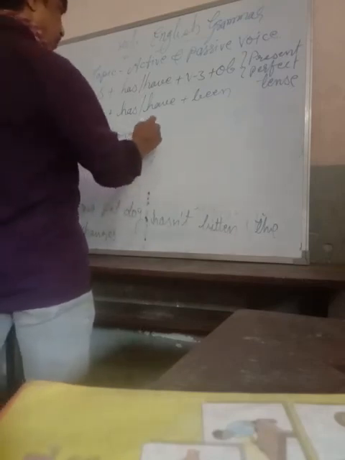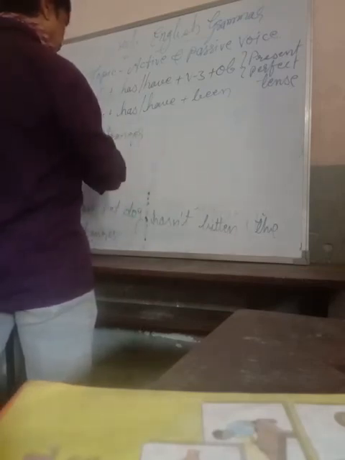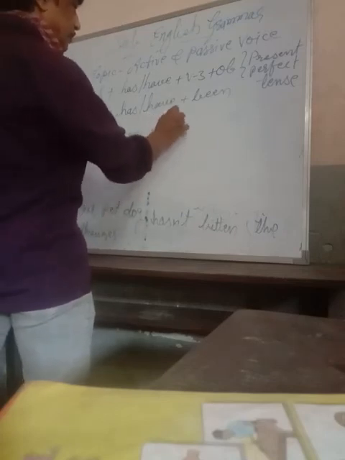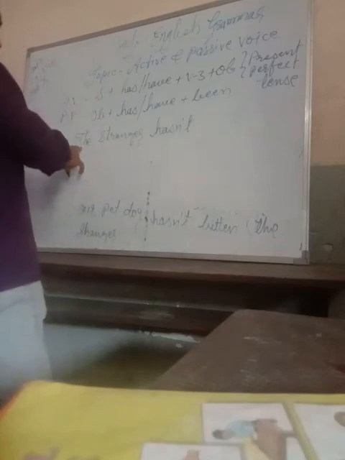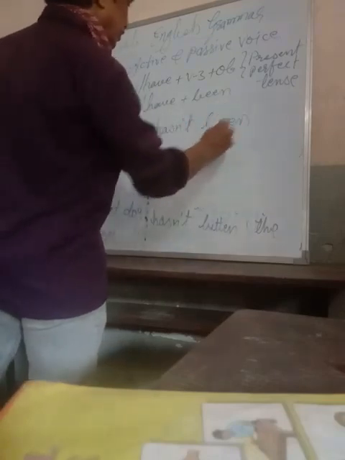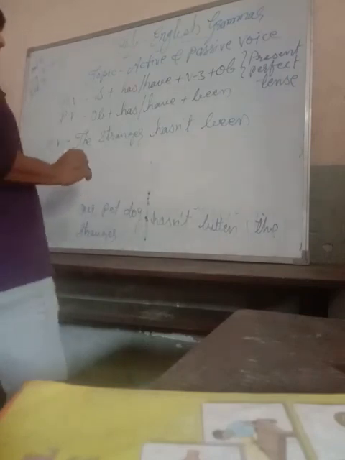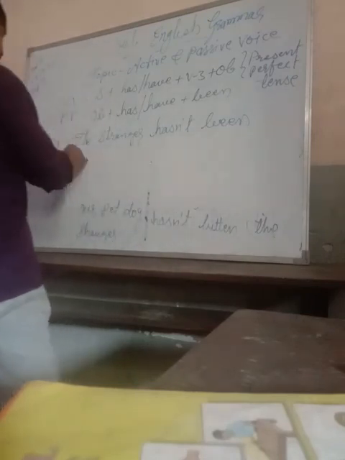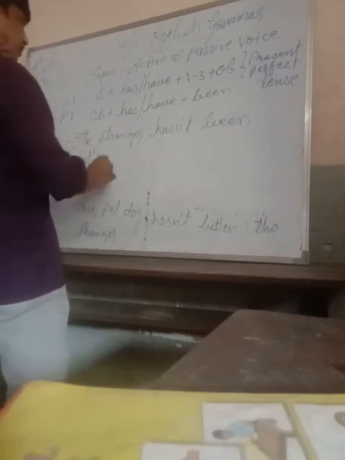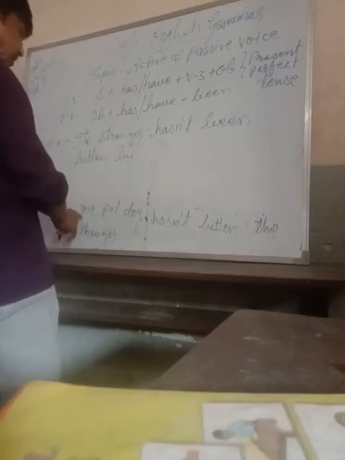Okay, so the stranger is a singular, so hasn't means has not. The stranger hasn't been. Okay, hasn't been beaten. Beaten by our pet dog.